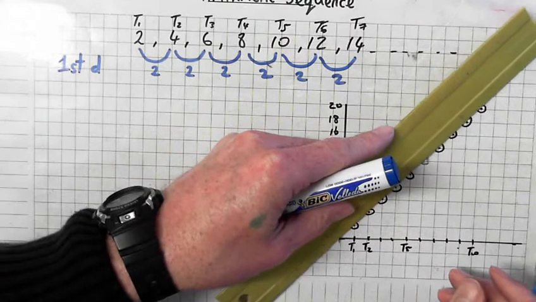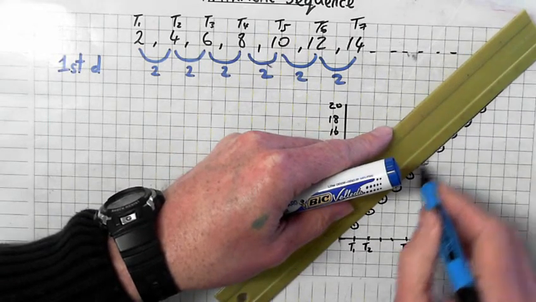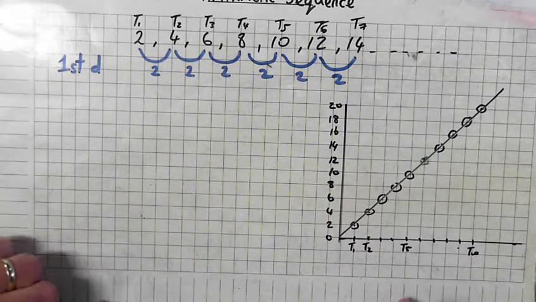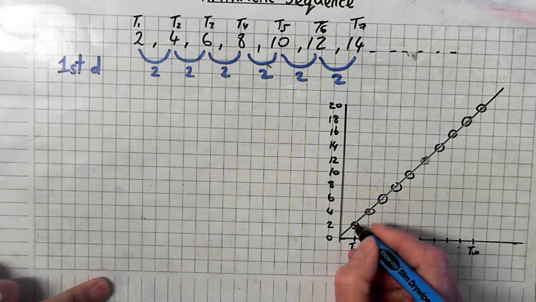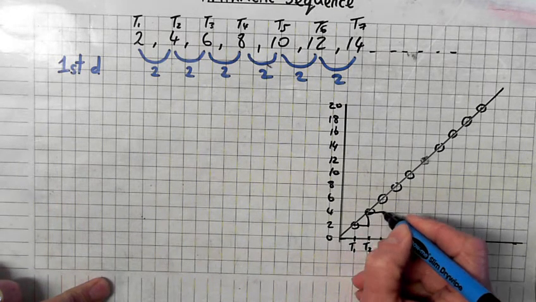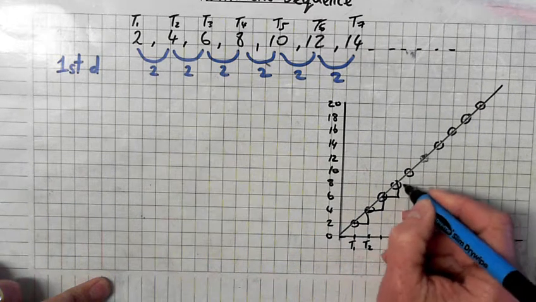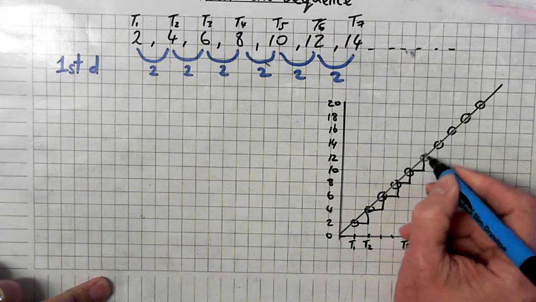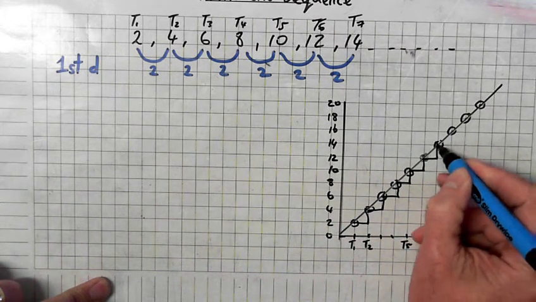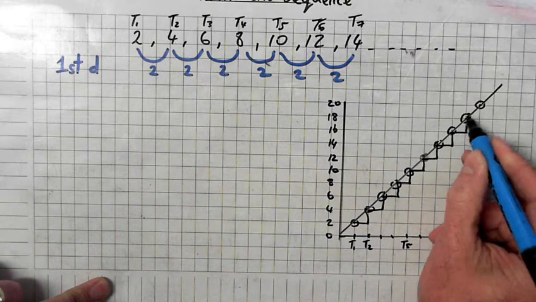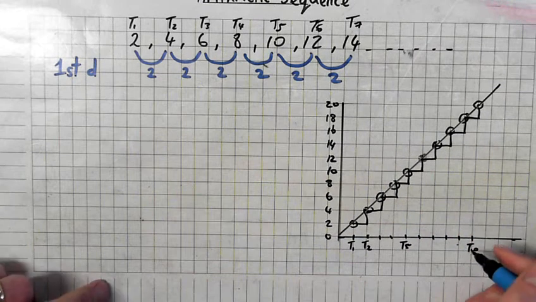Because I know it's a, what is it? It's linear, it's a straight line. Alright, the difference is 2. I go up 2. The next term, up 2. Next term, up 2. The difference is always 2.